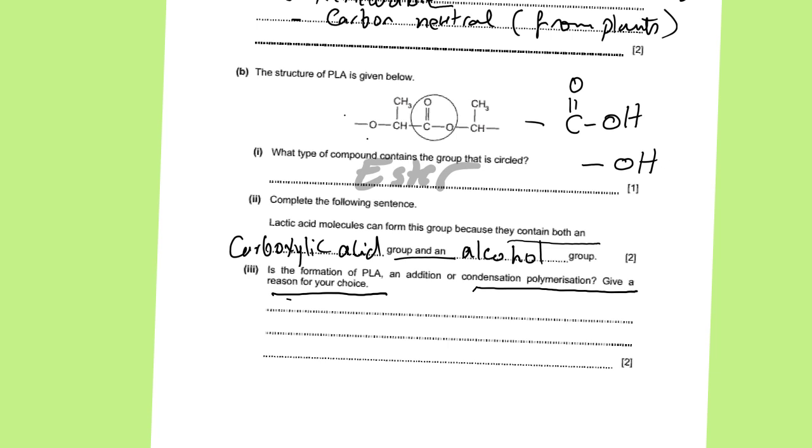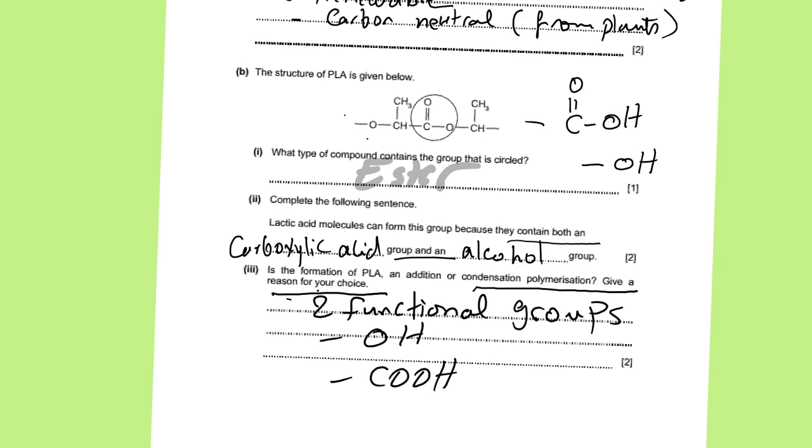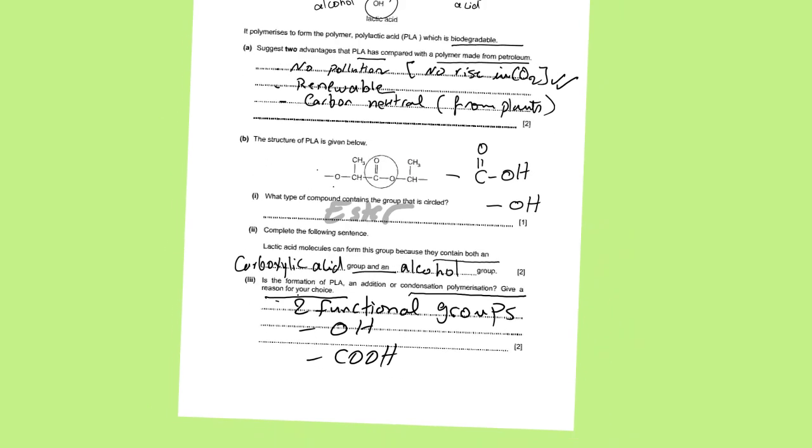Give reason for your choice. The reason should be something in front of you. Don't say it gives two products. You don't have a story about giving two products. But what we know, we do have: two functional groups, the OH group and the carboxylic acid group. This is why it should be condensation polymerization.